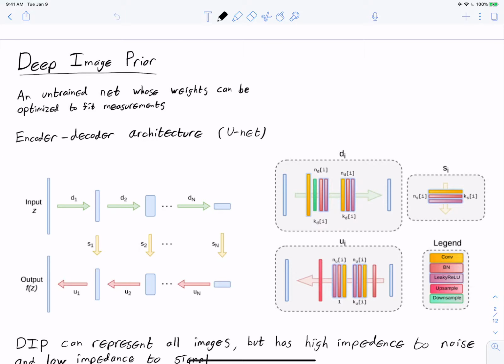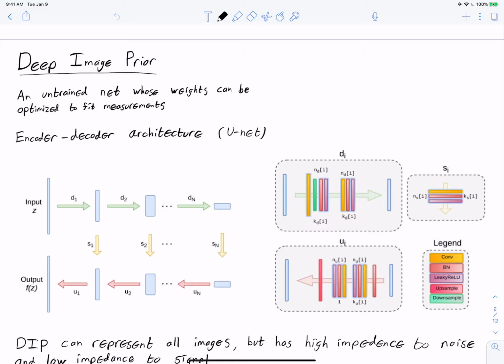So there's going to be some input z, which remember is, say, random noise, like sampled once. Then there's going to be a whole bunch of downsampling layers, followed by a whole bunch of upsampling layers, and then skip connections at corresponding levels. And the output is going to be an image of the same dimensionality as what we're trying to recover.